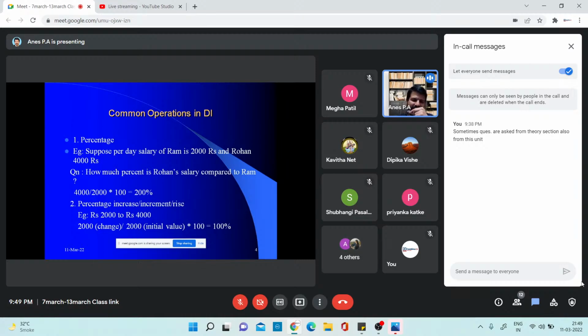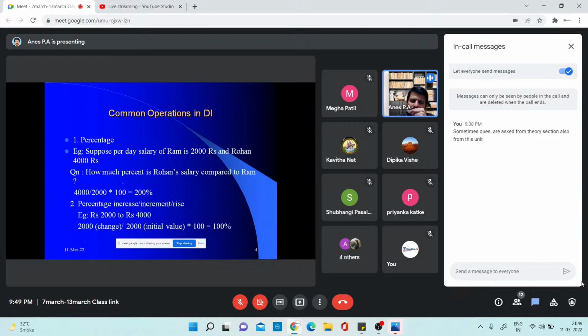I give one example. Suppose the per day salary of Ram is 2000 rupees and Rohan's is 4000 rupees. Here the question is: how much percent is Rohan's salary compared to Ram's salary?